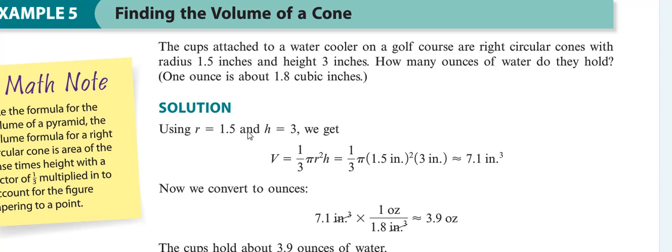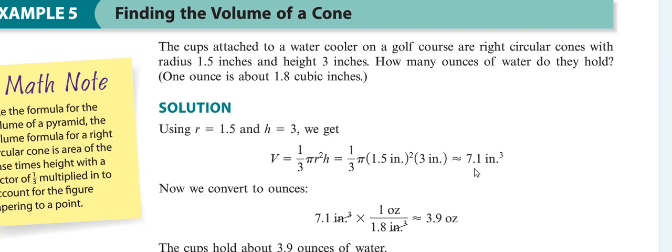Okay, so in this case, we just substitute everything into the formula. We have 1/3 pi. You can use the pi button on the calculator. R squared, so we have 1.5 squared, and then times 3, which is the height.